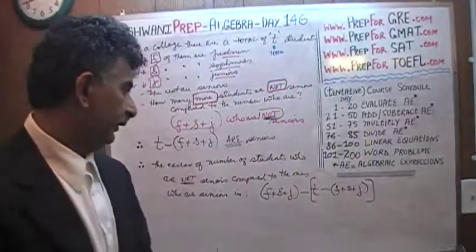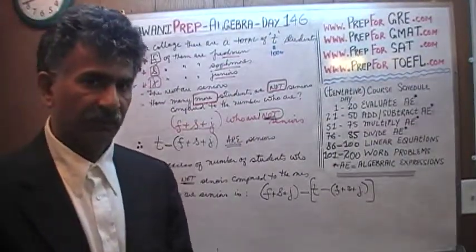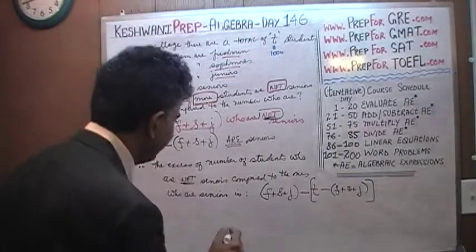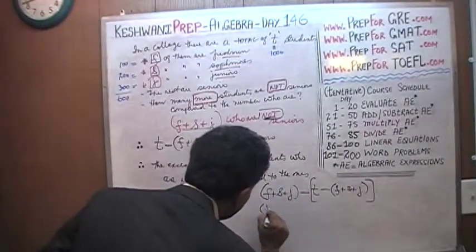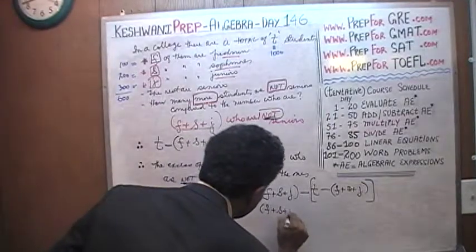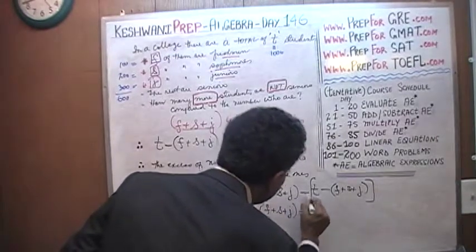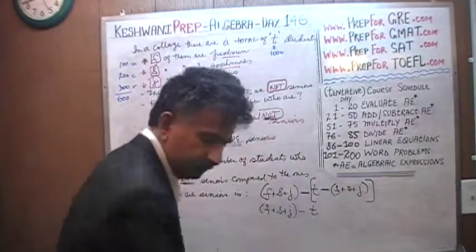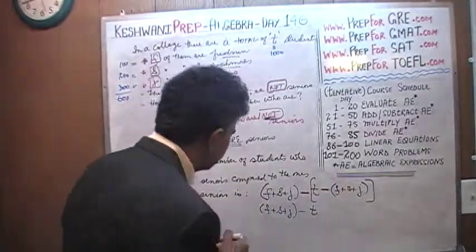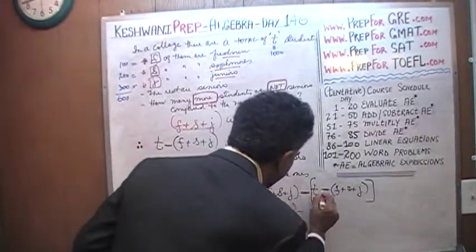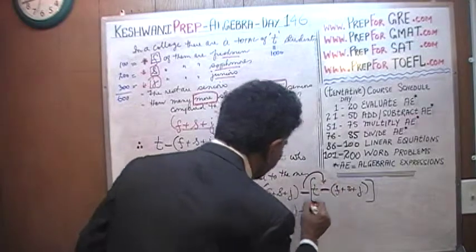Of course, in the exam, the answer is not going to look like that because we have to simplify it. So let's do that. Here we have F plus S plus J minus, open the parentheses, minus T, and this minus and this minus, this negative and this negative, when you open the parentheses, becomes positive.